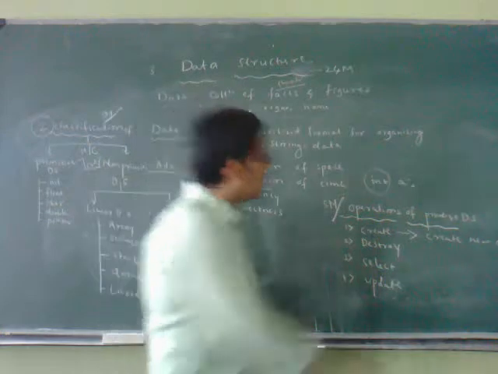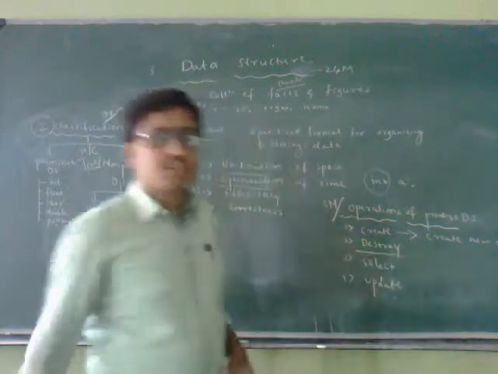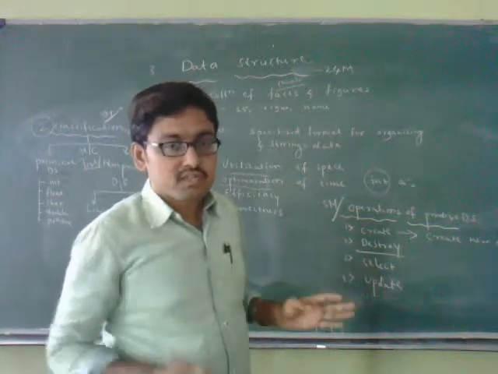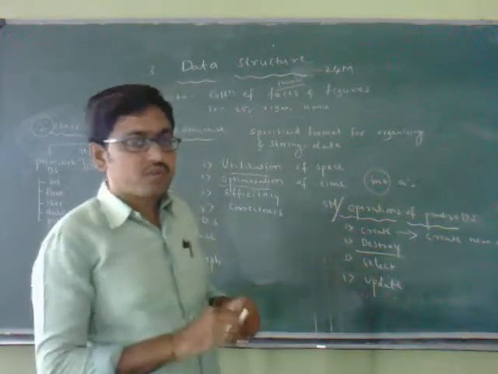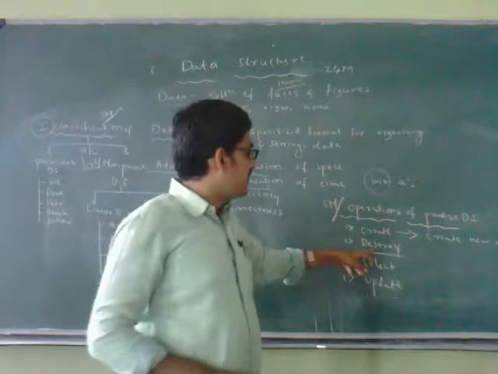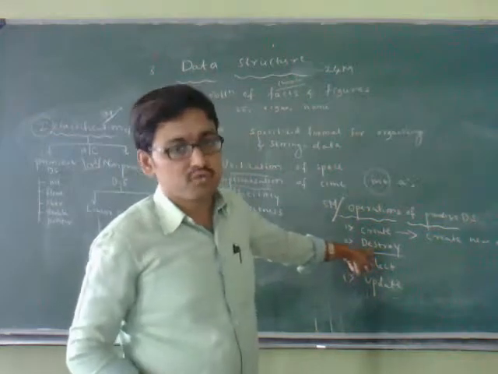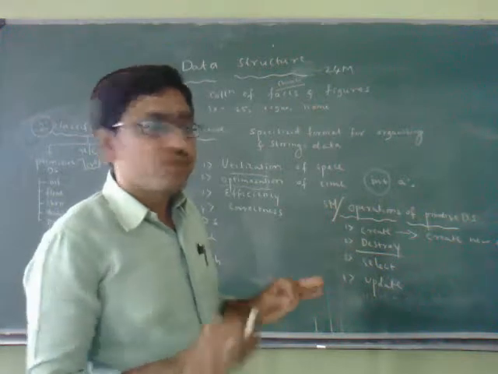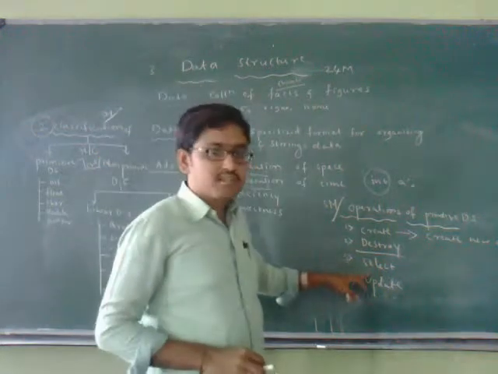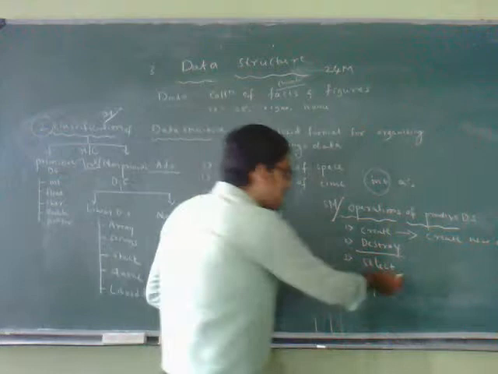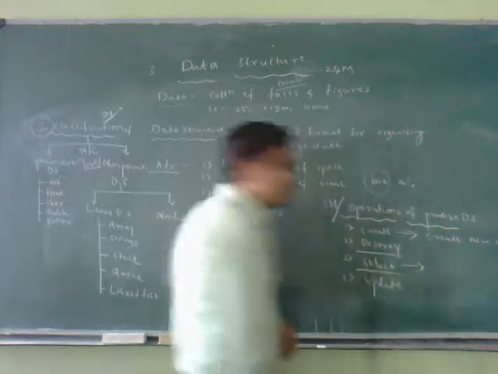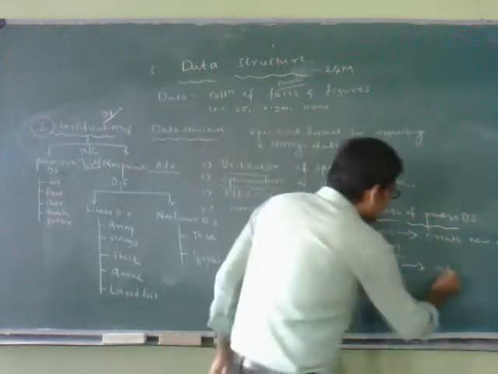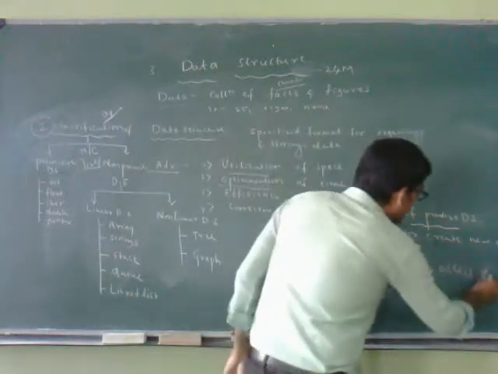Then what is destroy? Destroy means it destroys the data or removes the data from the data structure. If you want to delete the data, then you have to use the destroy operation. It removes the data from the computer. Then select. Select operation is used for accessing the data.